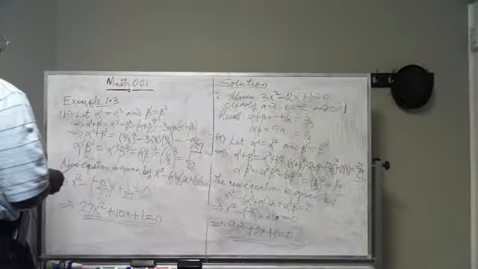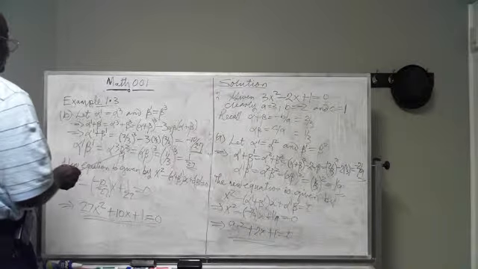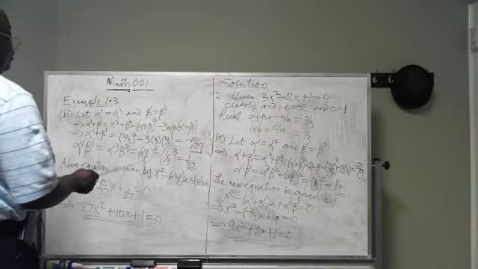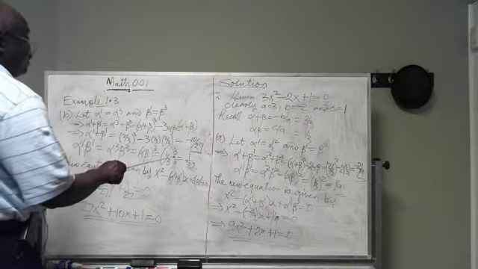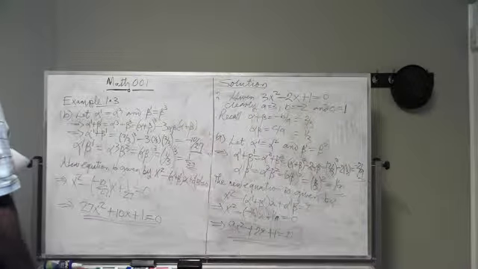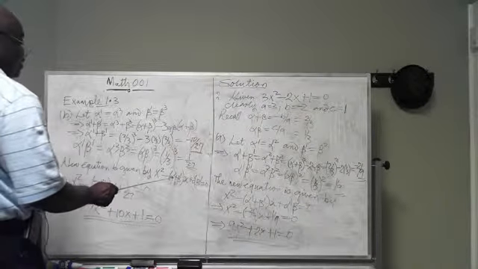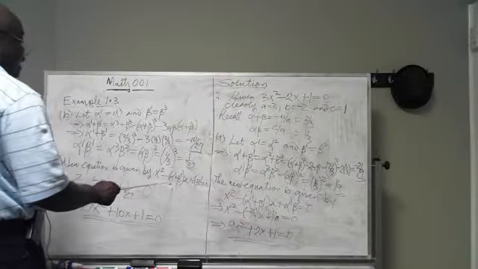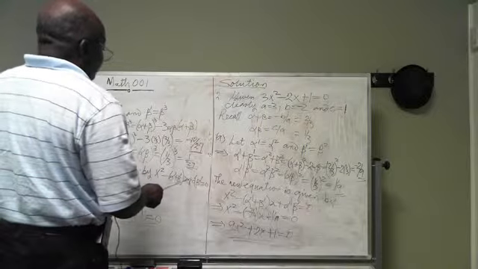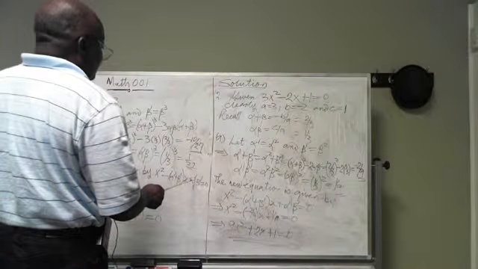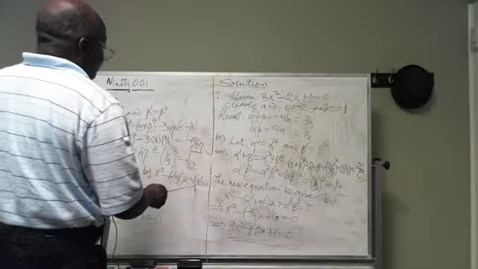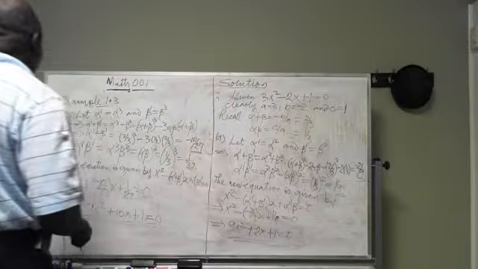Alpha prime beta prime equals alpha cubed beta cubed, which is equal to alpha beta all cubed, which is equal to 1/3 all cubed, which is 1 over 27. And our new equation is given by x squared minus alpha prime plus beta prime all into x plus alpha prime beta prime equals 0.